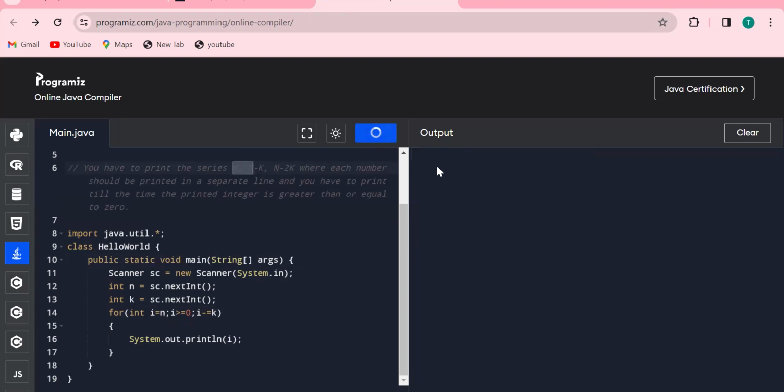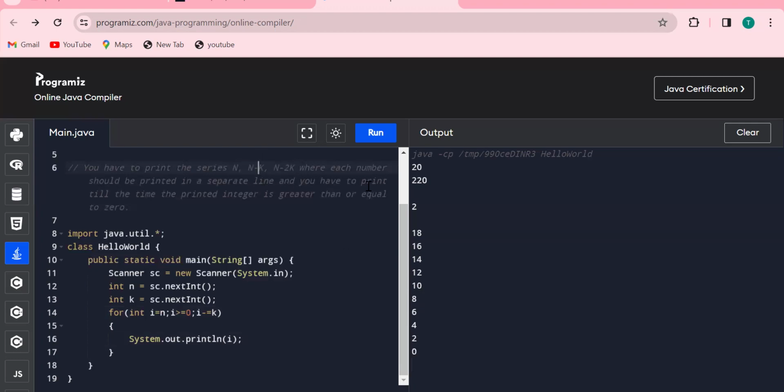I will give small numbers. For example, I'm giving 20 and the k value is 2. Give enter. See here, each time it's reducing by 2, like 18, 16, 14, 12, 10, 8, 6, 4, 2, 0.